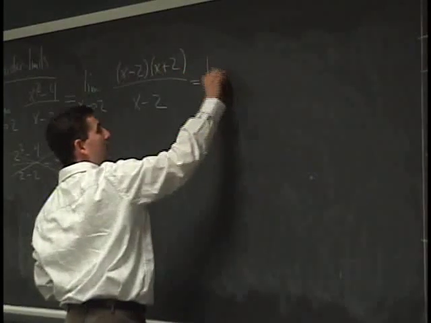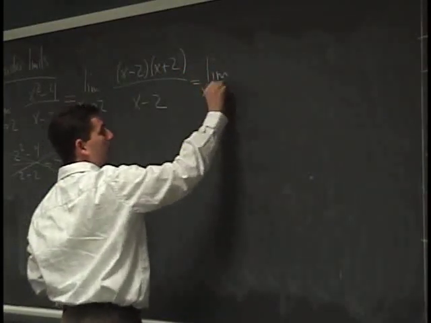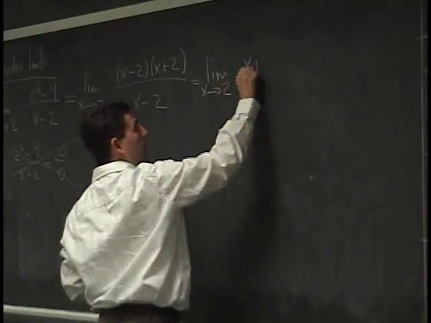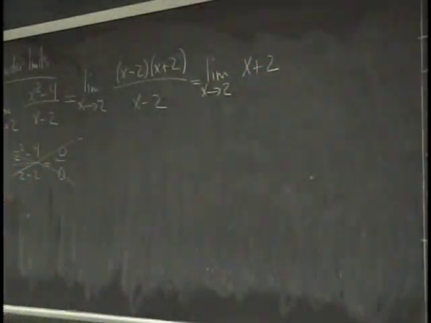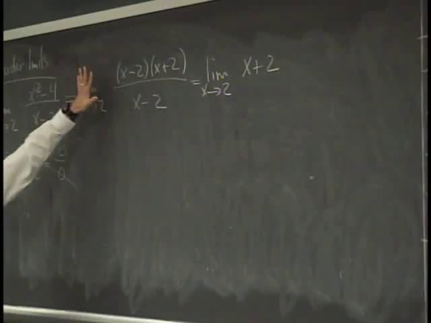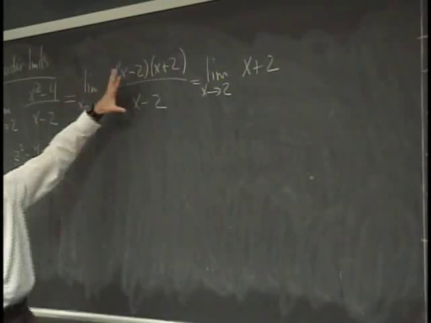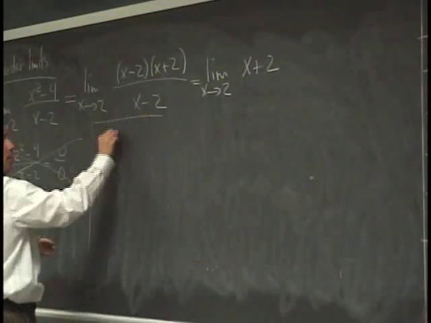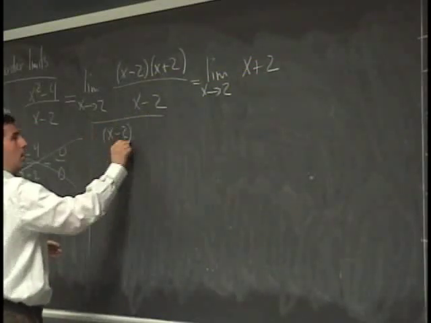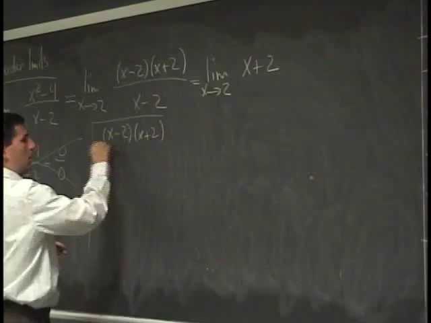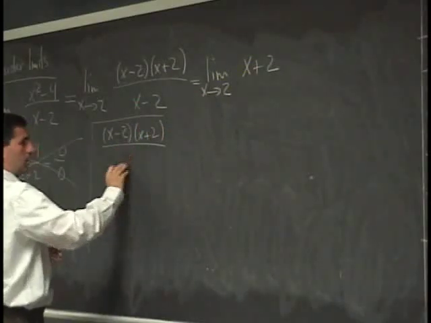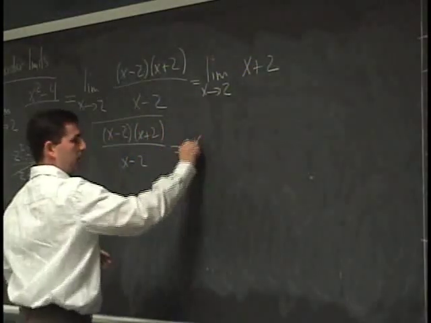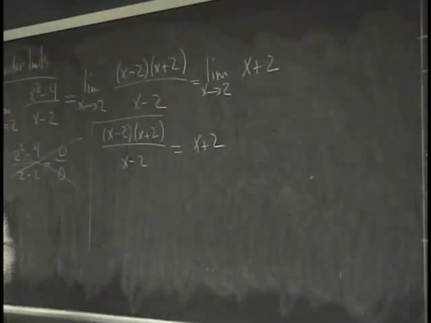So this is the same as the limit as x approaches 2 of x plus 2. If I wasn't writing limits down, let's say I was just writing the function itself, if I wrote x minus 2 times x plus 2 over x minus 2 equals x plus 2, and I just didn't write anything more, this would not be a correct statement.